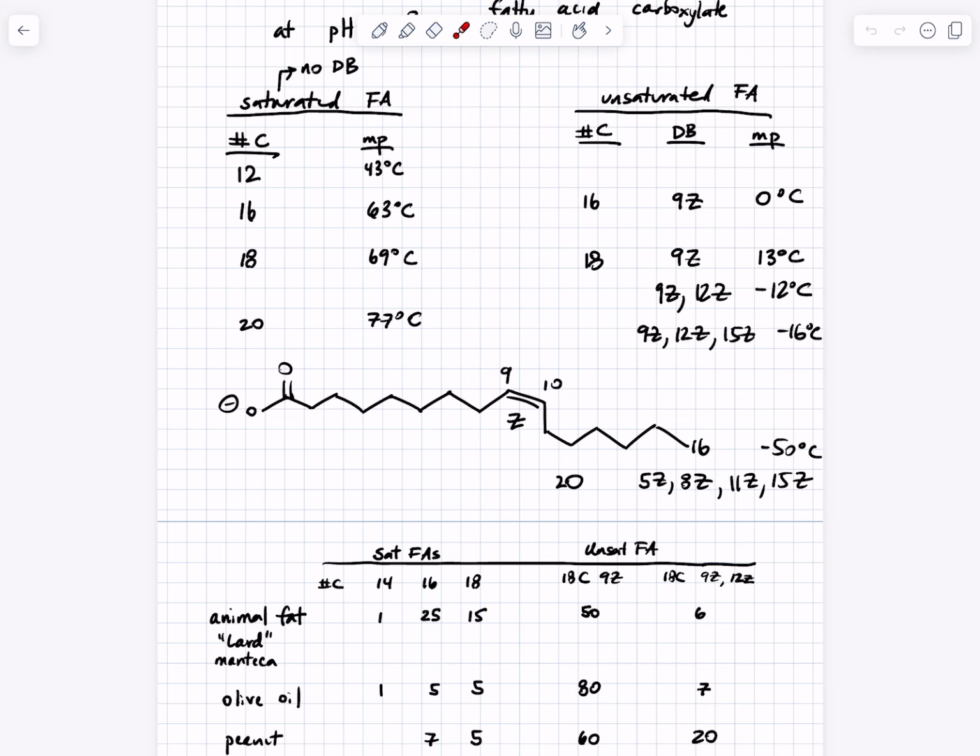So when we're talking about properties like melting point, we're no longer going to talk about how stable the covalent bonds are. Instead, we're going to talk about how strong the interactions between molecules are. And those interactions are weaker than covalent bonds, but strong enough to influence the world that we live in.